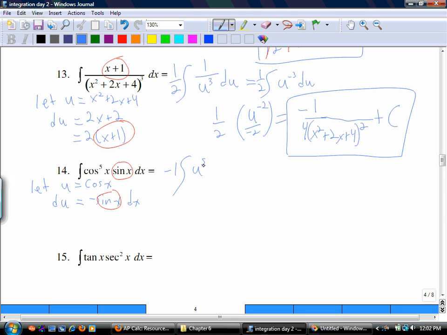So u to the power of 5 du. Excellent. So that's an easy one. You just get negative. U becomes cos to the power of 6x over what? 6. I'm just skipping the step where I do the u to the power of 6 over 6. I'm substituting it right away.